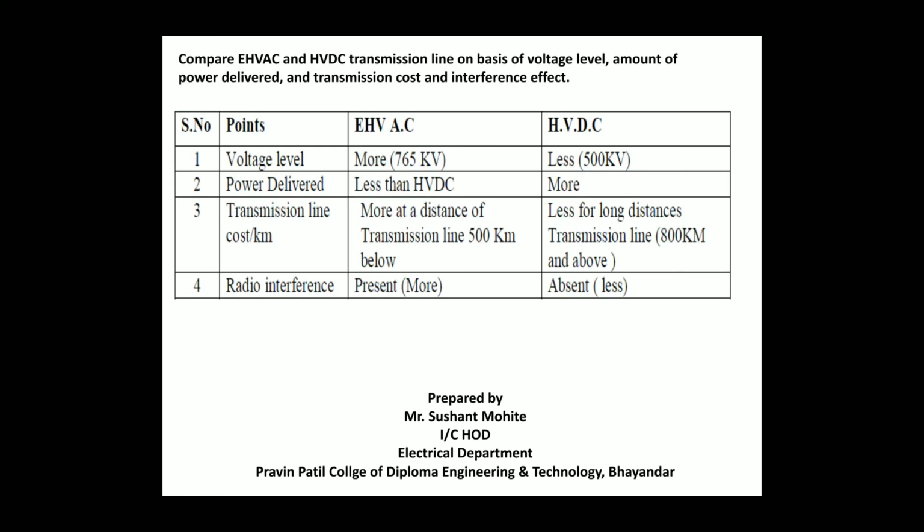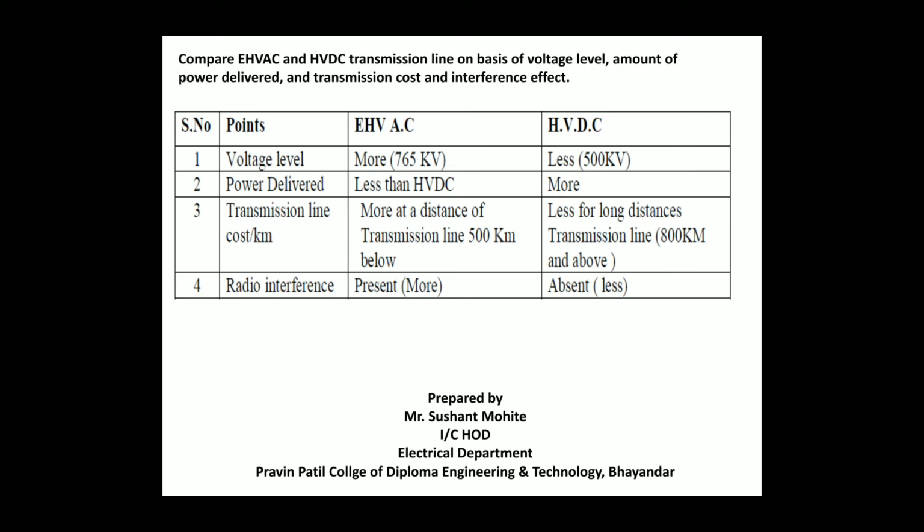Next, once again the comparison between EHV AC and HVDC on the basis of voltage level, power delivered, transmission cost and interference effect. The first, voltage level: EHV AC is more than 765 kV, HVDC is less, 500 kV.